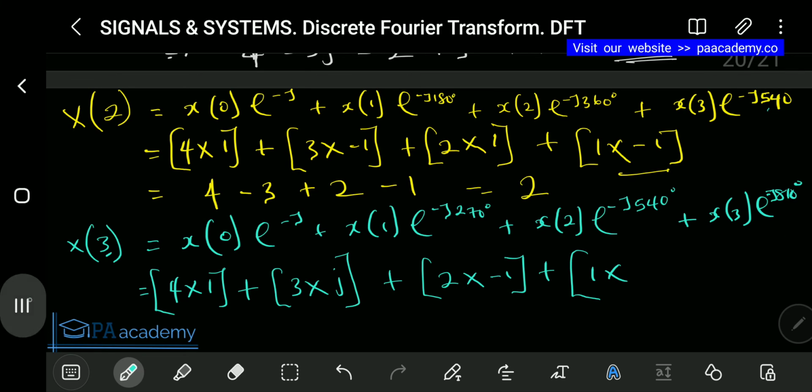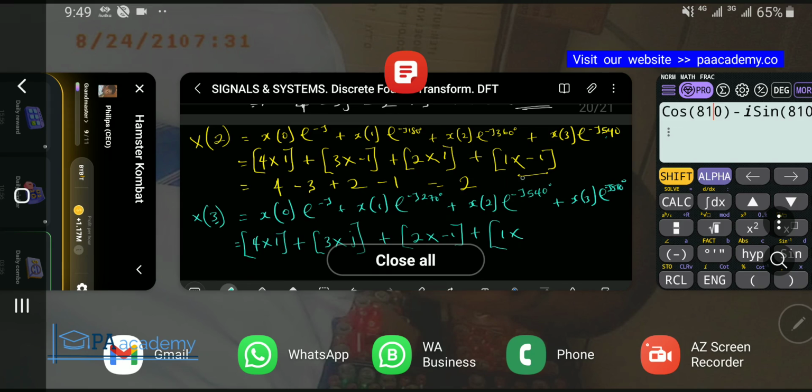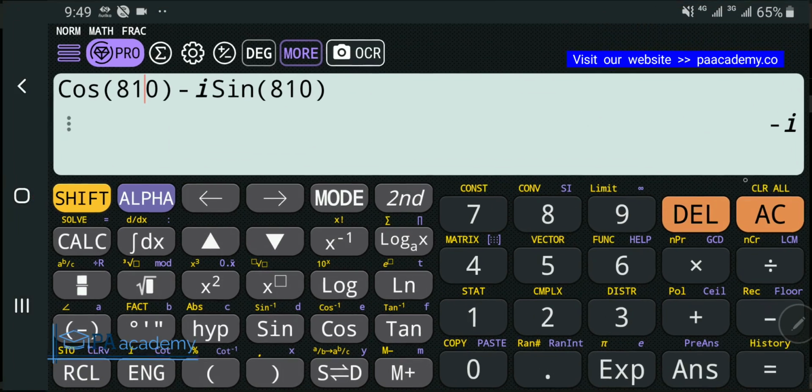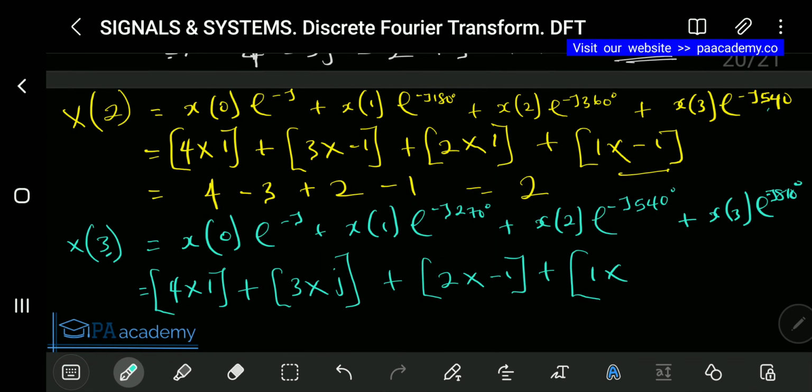So let's go back to our calculator and put in exponential minus j 810 degrees. So that's giving us minus 1. Sorry, let me check it again. Sorry, that's minus i, not minus 1. So that minus i is minus j.